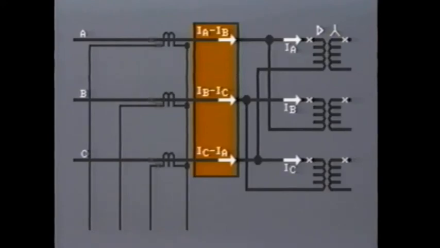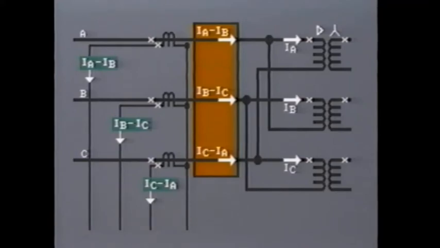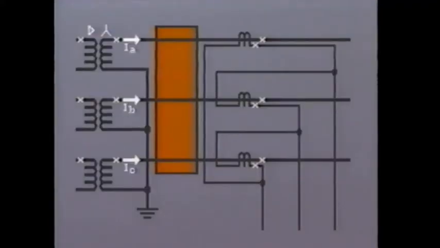Observing the polarity markings of CTs on this primary side, we see that the current flowing to the differential relay is IA minus IB in this phase, IB minus IC in phase B, and IC minus IA in this third phase. On the secondary side of the transformer, the current in each line, as this is Y connected, is IA, IB, and IC. Observing the polarity of the CTs, we see that currents passing through the CT will produce secondary currents in this direction.